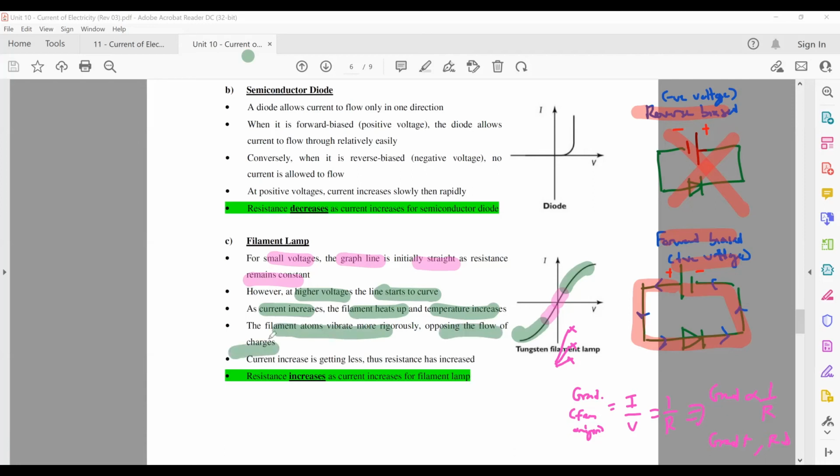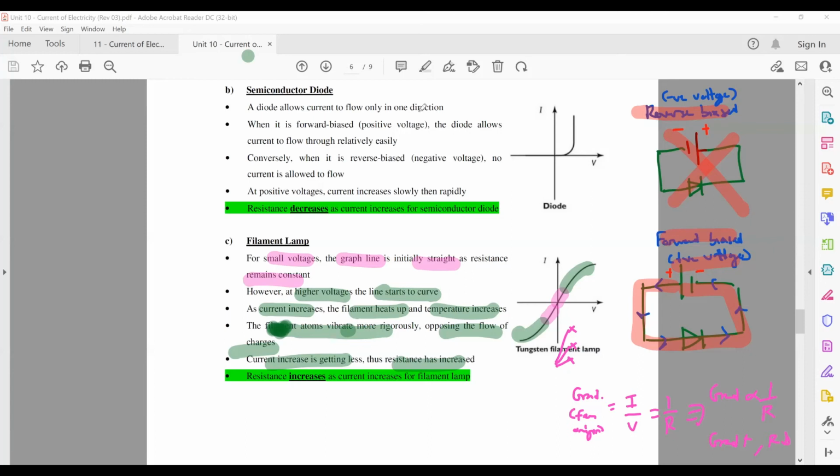Just now when we talk about resistance, we mentioned that when your charge tries to flow inside a conductor, it's opposed by the atoms of the conductor itself. So specifically now, your conductor is the filament lamp metal. The atoms are vibrating more rigorously, so it's opposing the flow of your charges. Your current will actually get less, therefore resistance has increased. Your filament lamp heats up, the atoms vibrate more, you have more resistance to your current flow, resistance would have increased.